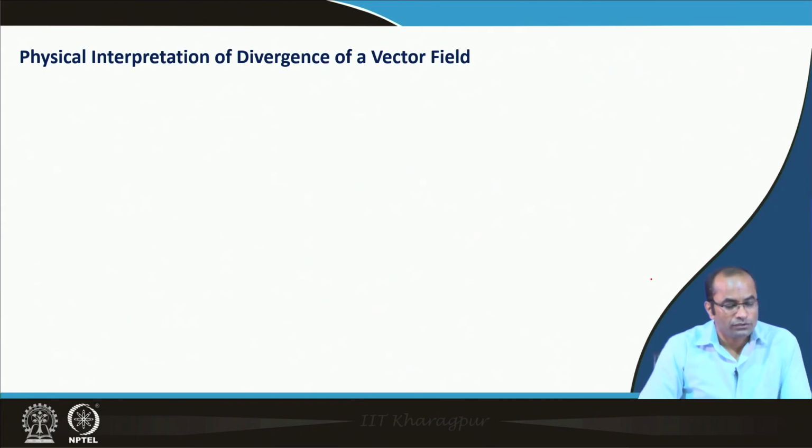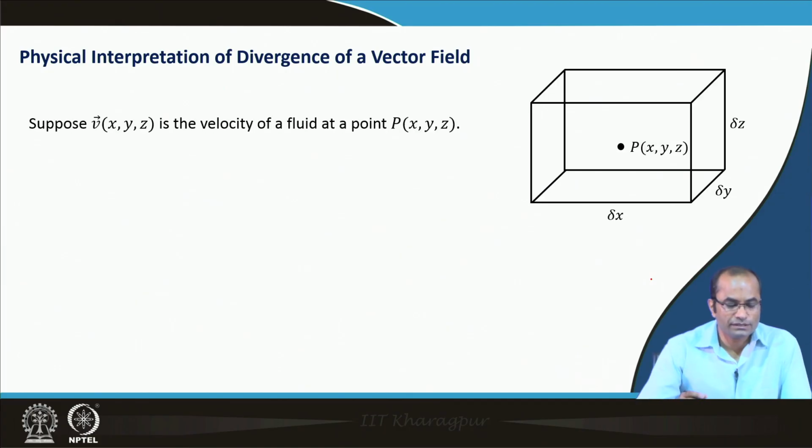So, coming to the physical interpretation of the divergence of a vector field. We will consider a point P at which we will compute the divergence, and suppose we have this vector field V defined around this point P. So, we have some vector field V in this domain, and at P we are going to compute what this divergence signifies and how to compute it.